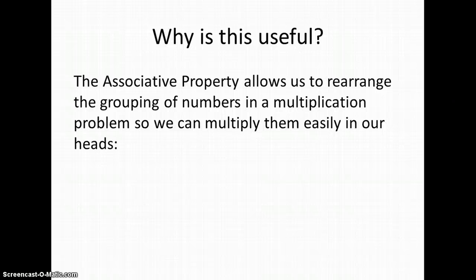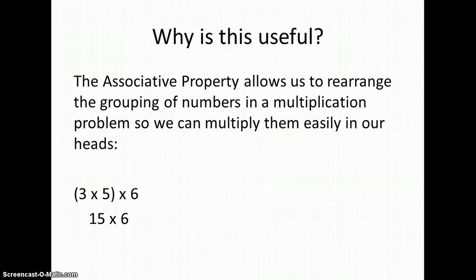So why is this useful? Well, the associative property allows us to rearrange the grouping of numbers in a multiplication problem, so we can multiply them easily in our heads. Here's an example. If I wanted to multiply the quantity 3 times 5 times 6, I would first, using the order of operations, have to multiply 3 times 5, and that would give me 15. Then I'd have to take that 15 and multiply by 6.